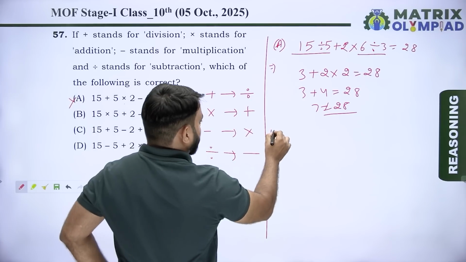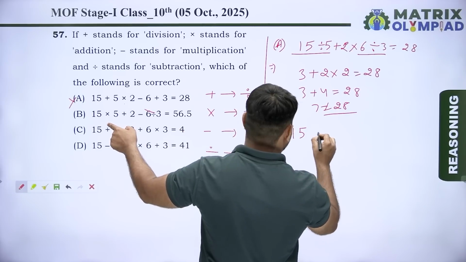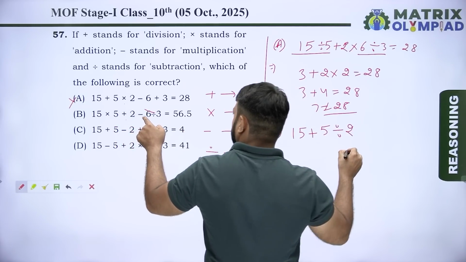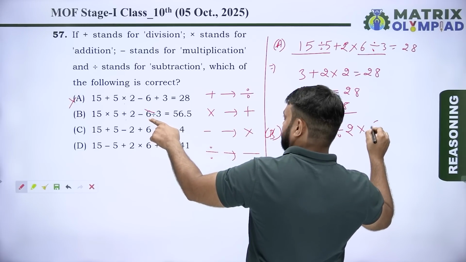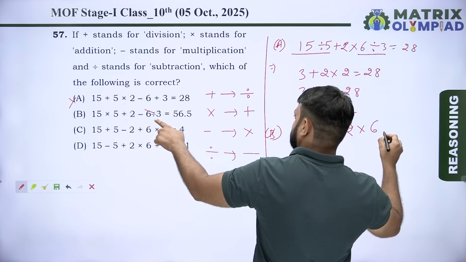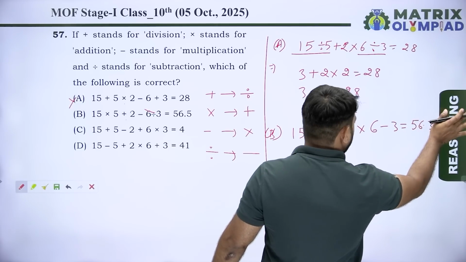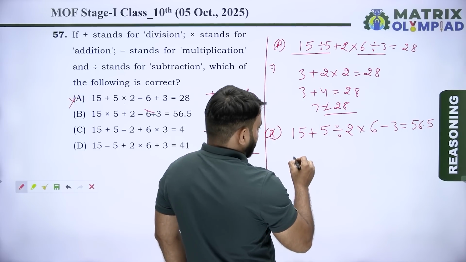Now taking option B. According to option B, 15 multiply, means plus 5, plus means divided by 2, minus means multiply by 6, divide means minus 3 is equal to 56.5. Now first divide the numbers.